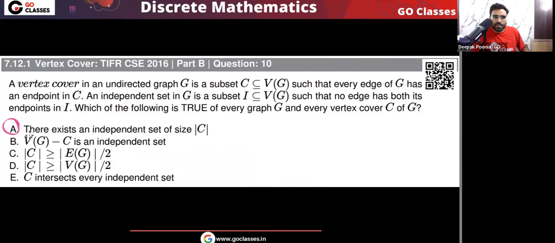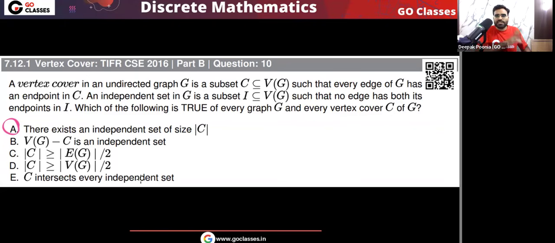What about option A? Option A is false, but what is the counterexample? See, the question is asking which of the following statements is true for every graph G and every vertex cover C. Option A is saying that there exists an independent set of size C. Remember, this C is any vertex cover.